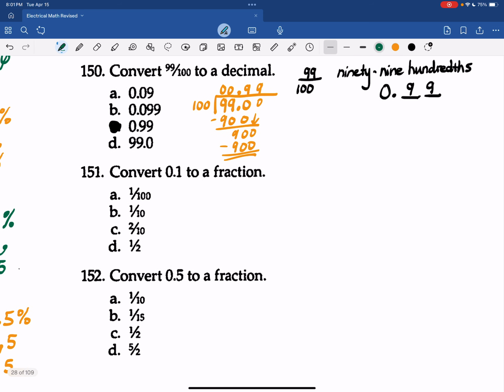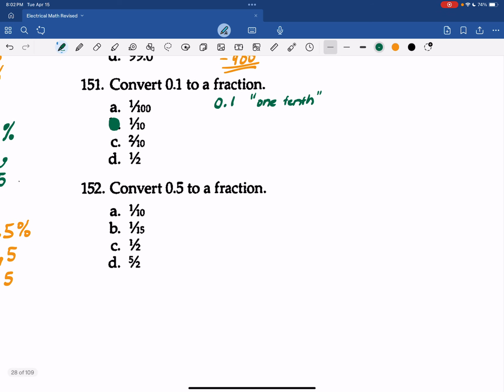Convert 0.1 to a fraction. So when I look at that, my brain is saying 1/10. 1/10. Convert 0.5 to a fraction.